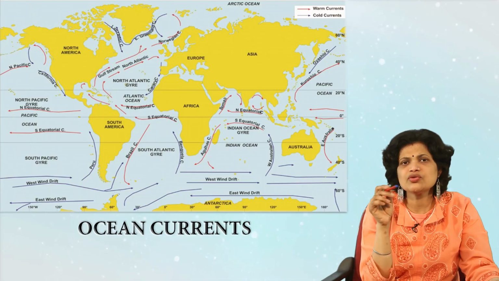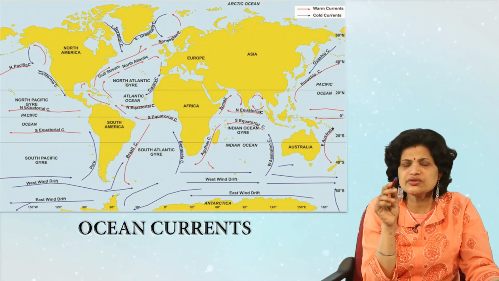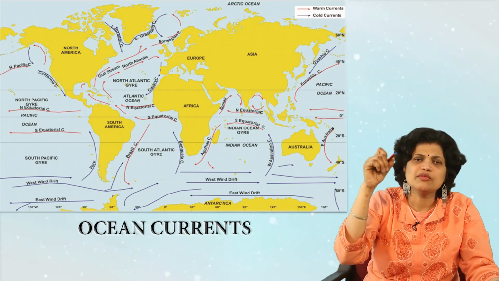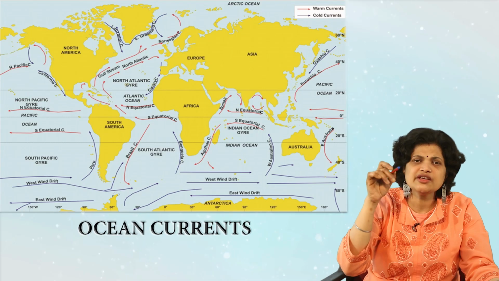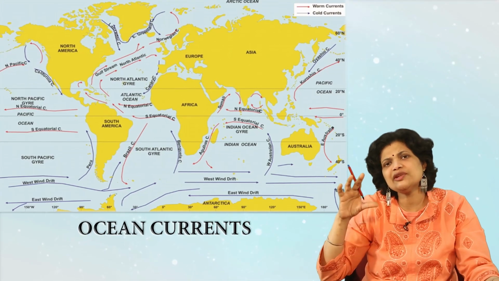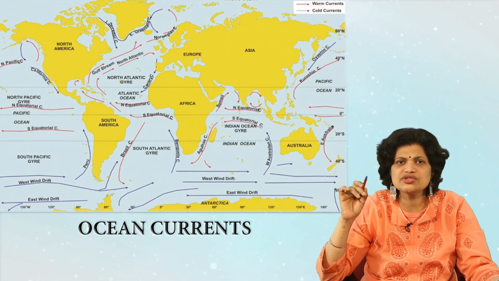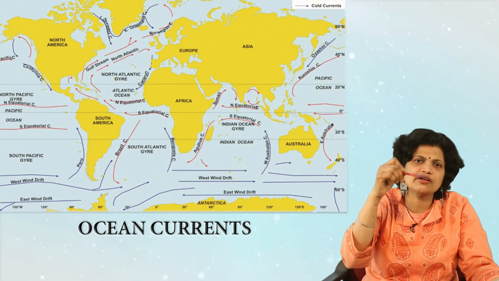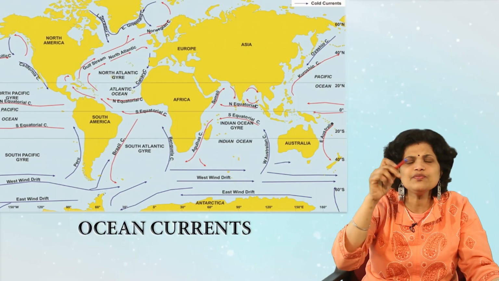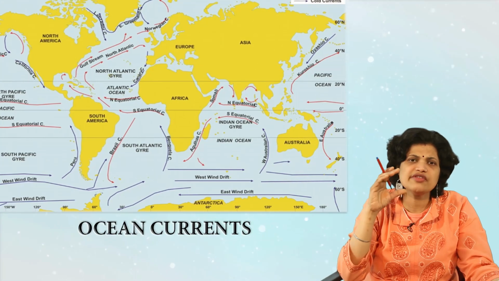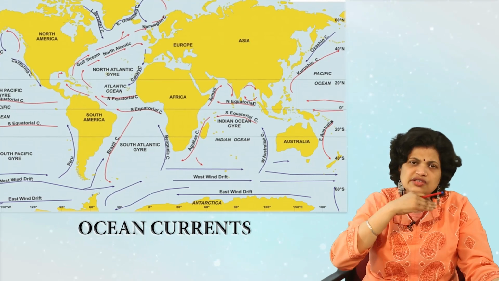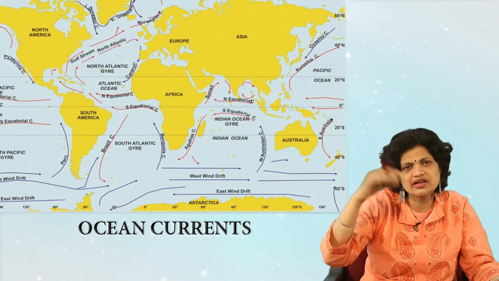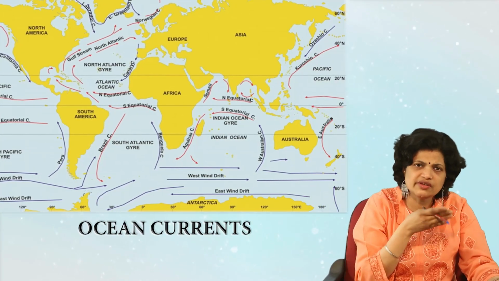In this way, oceanic gyre is also found in the Indian Ocean, but since the northern part of the Indian Ocean has more of the continental part, there is a complete reversal of winds in the Indian Ocean. It starts like a north equatorial warm current, then Somali current along the coast of Africa, and then there is a complete reversal of winds, with southwest monsoon winds during the summer and northeast monsoon winds during the winter.